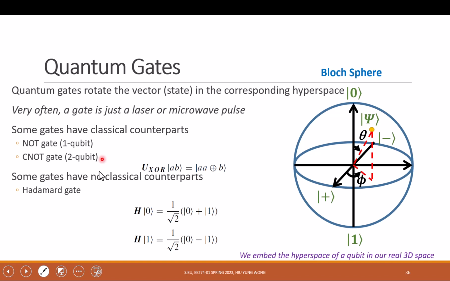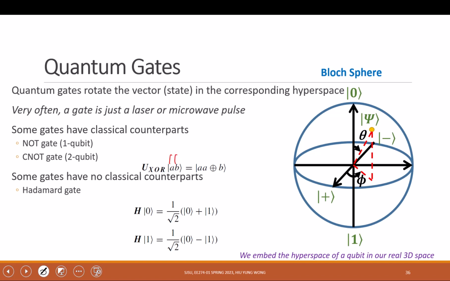But quantum computing is useless if you don't have 2-qubit gates. It means that this microwave pulse affects 2 qubits at the same time. For example, the control NOT gate. This is a basis state A, B. It can be, for example, 1, 1.